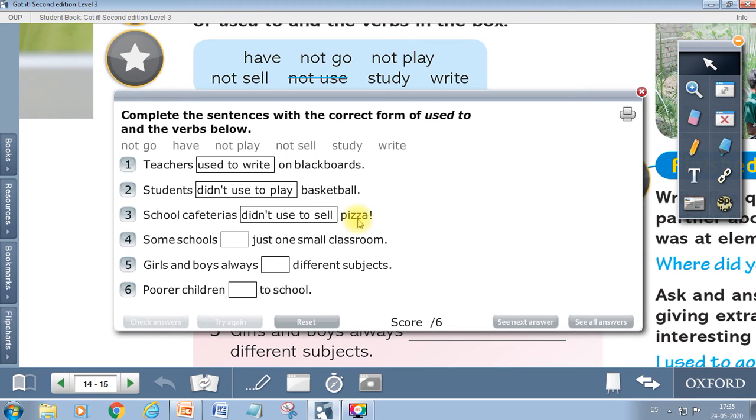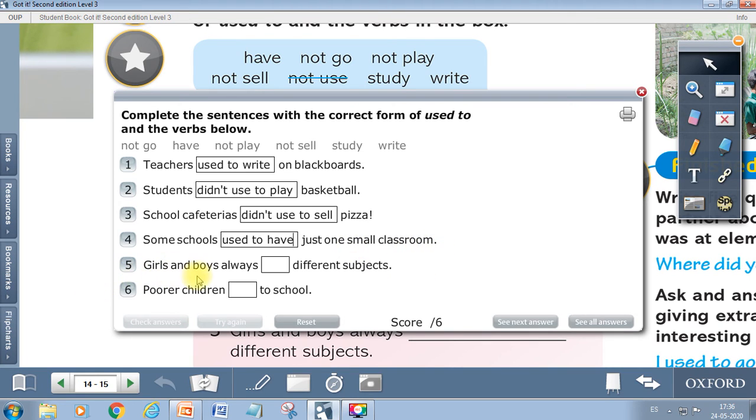Didn't used to sell. Number four, some schools just one small classroom. Have. Used to have just one small classroom.